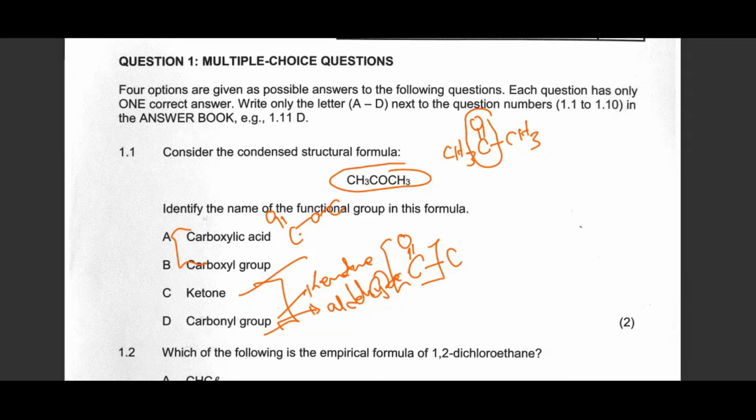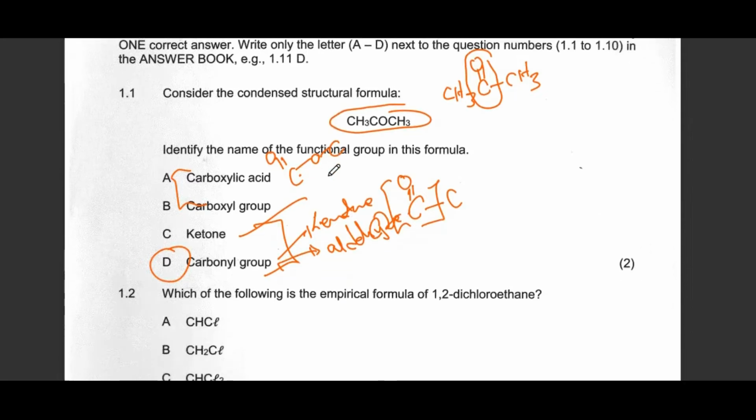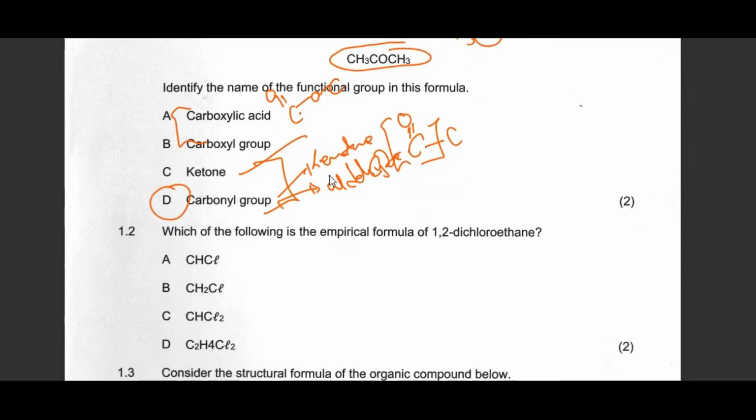So the answer for this is going to be D. You'll find out that many students will be putting C, of which C is not a functional group. C is the homologous series in that regard.